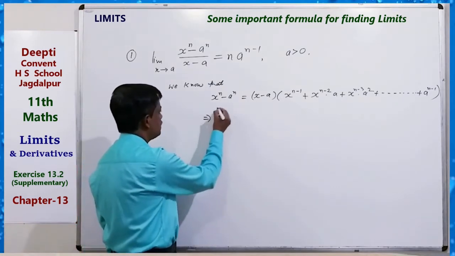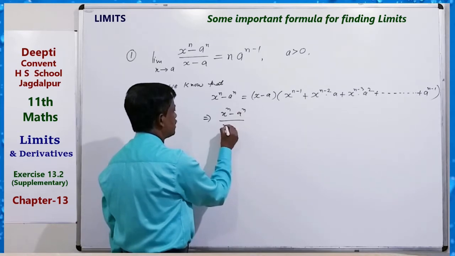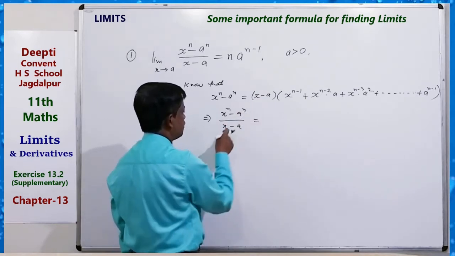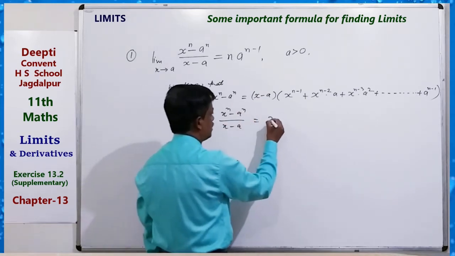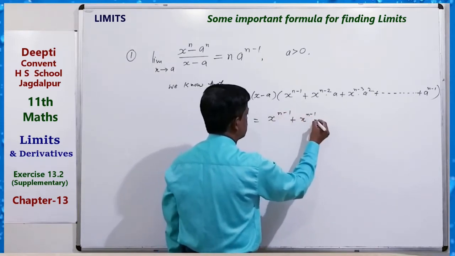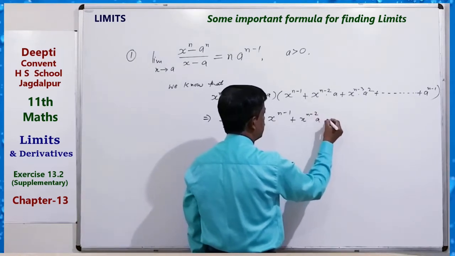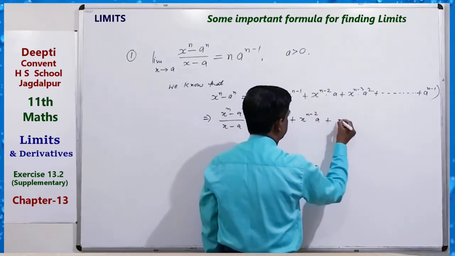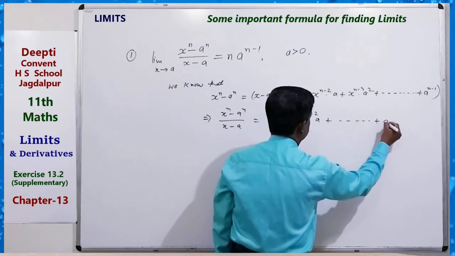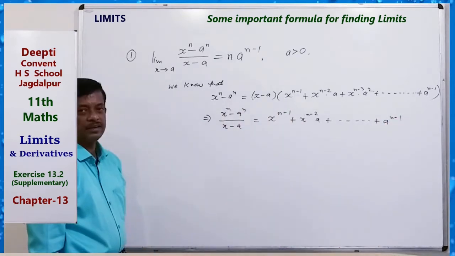So here we see that x to the power n minus a to the power n divided by x minus a, this factor can be taken here, and the right hand side is like this: x to the power n minus 1 plus x to the power n minus 2 a plus, and so on up to a to the power n minus 1. Clear?